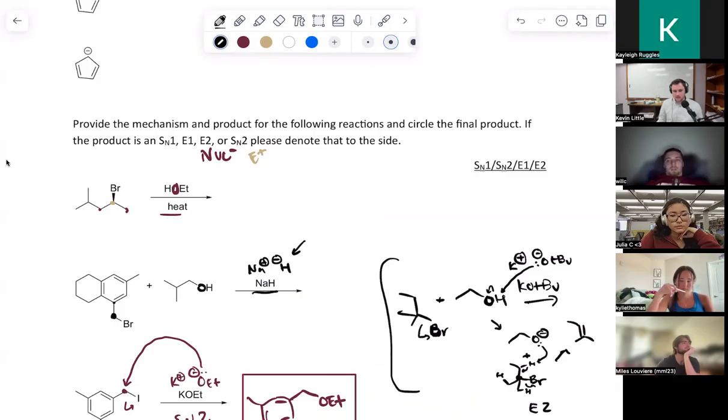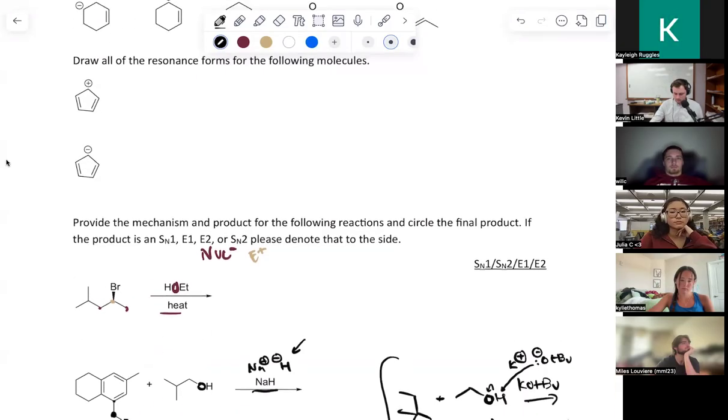So if I give you a nucleophile, I give you an electrophile, I give you a base, deprotonate your nucleophile, then attack it. How do you know there's no hydrogens? Let's say I'm doing some elimination on this.